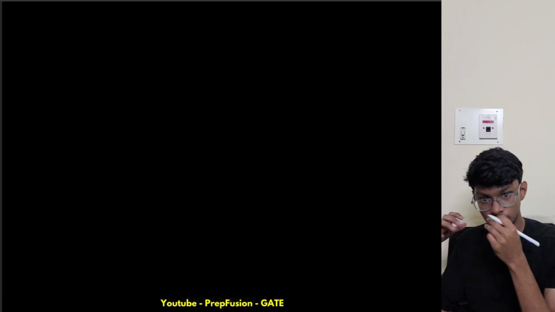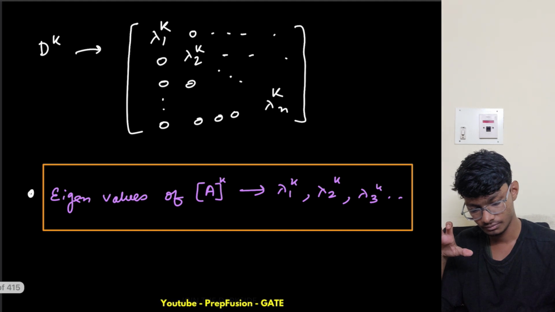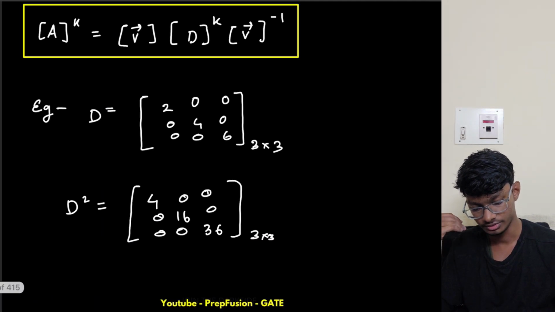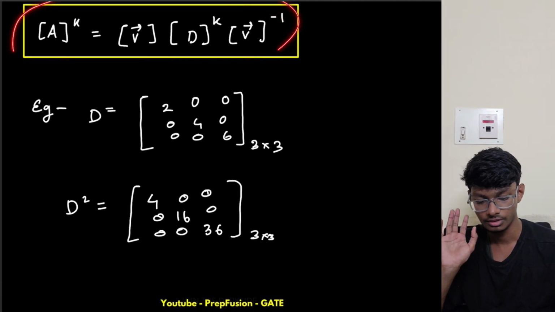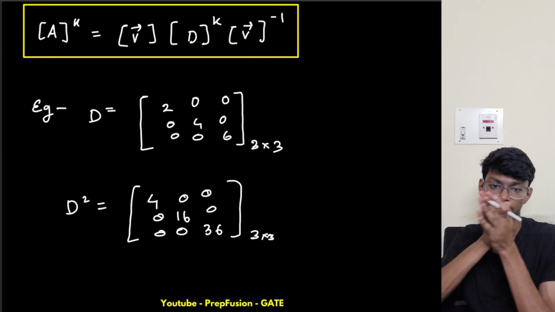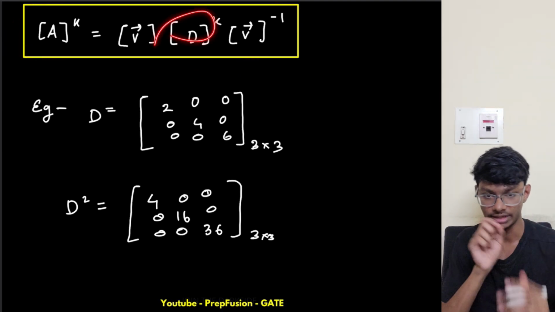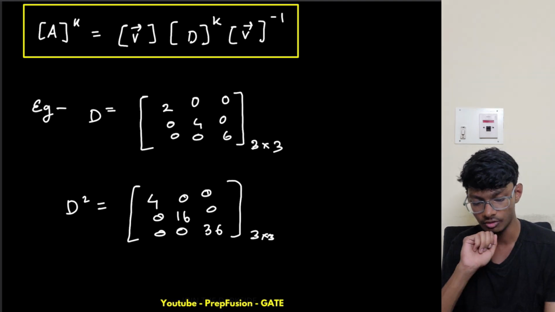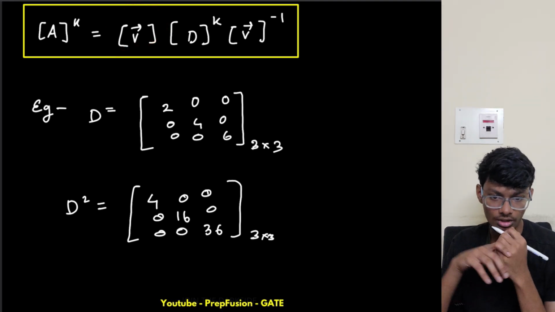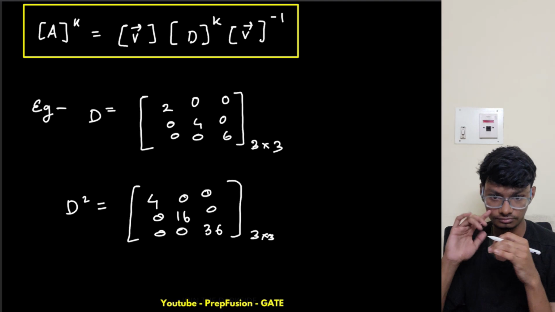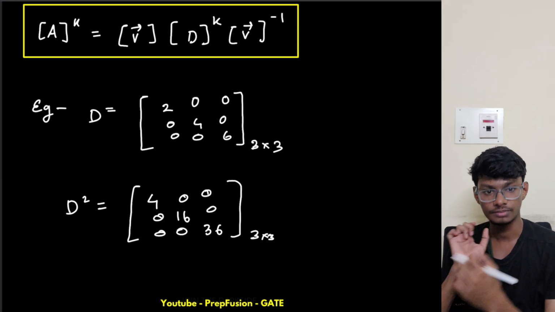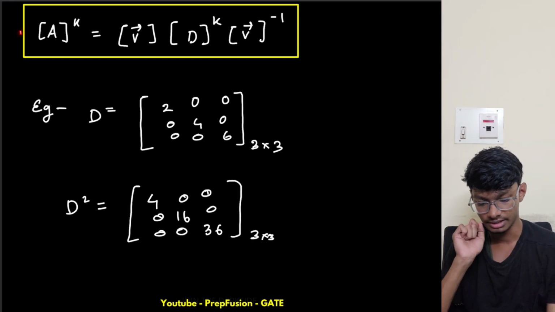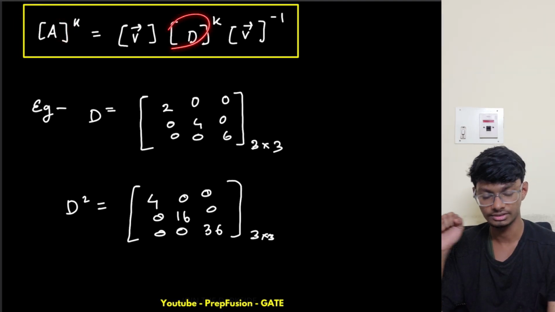So for us to use this specific property, this is the main property, we have to find the diagonal matrix D. That is the more important thing, the diagonal matrix, and obviously the eigenvectors also. So how do we find the diagonal matrix? We can simply diagonalize A. That is the procedure for finding the diagonal matrix.